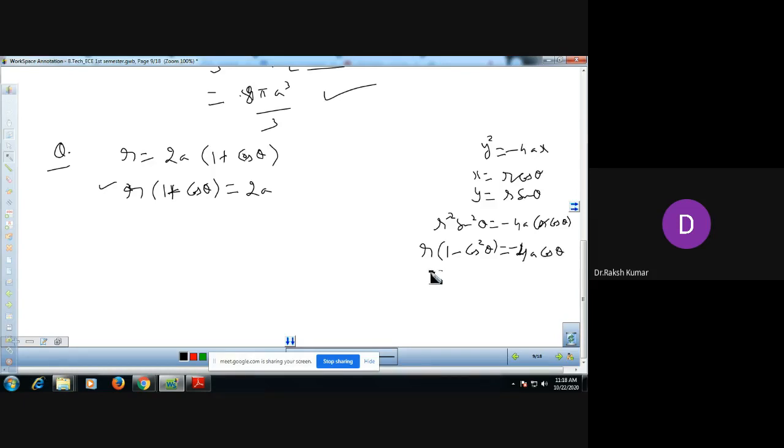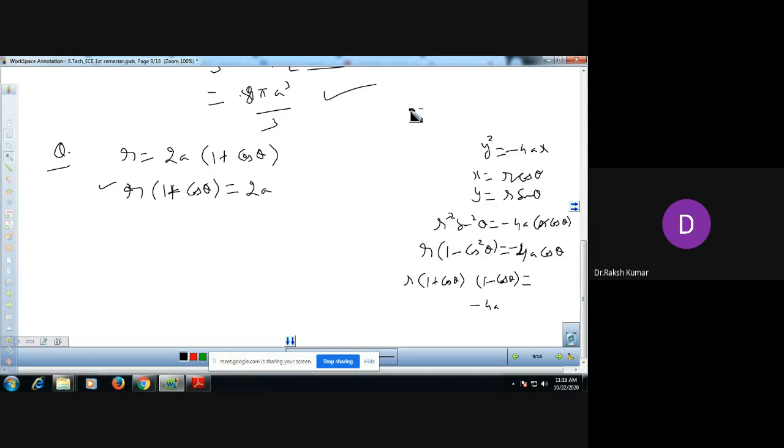So you can apply the formula and get that is r into 1 plus cos of theta into 1 minus cos of theta, and that will be minus of 4a into cos of theta.